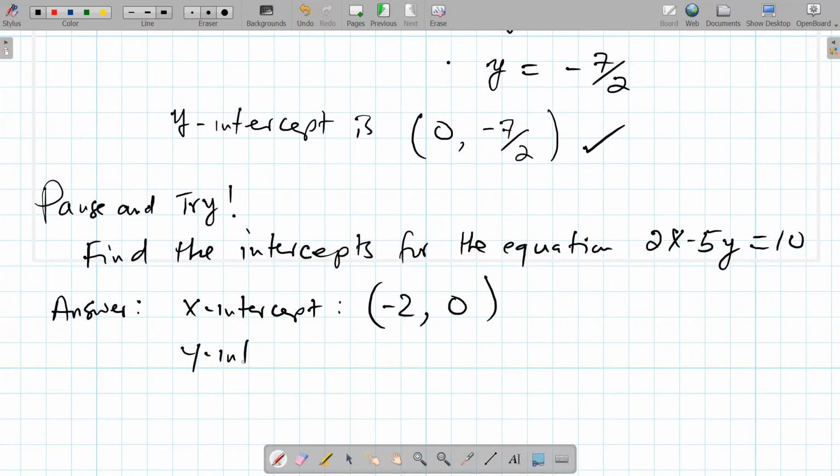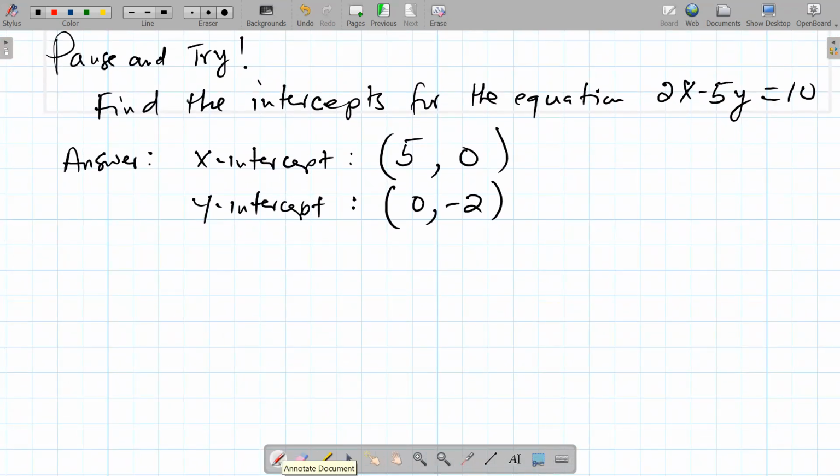Y-intercept will be 0. X-intercept, y is 0, so that will give me 5 here. Sorry about that. So that will be 5 here, and that will rather be -2. So try it, check.